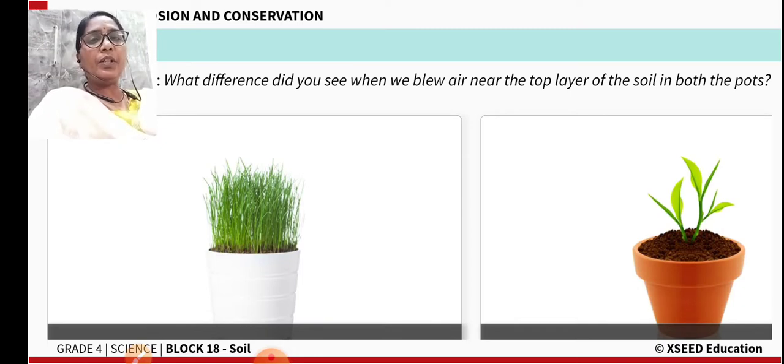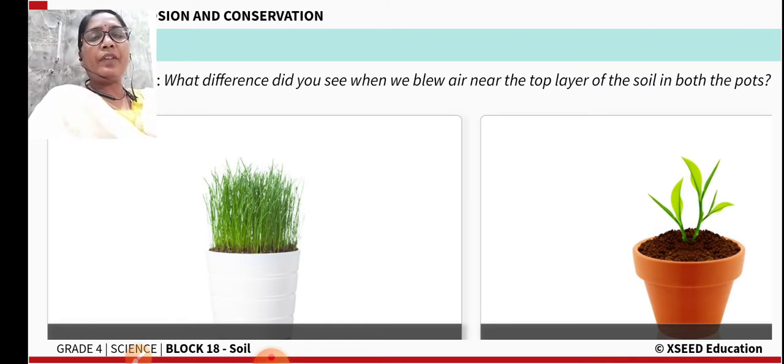And now slowly with a fan, a small table fan, use it and bring it near these two pots and blow the air strongly.